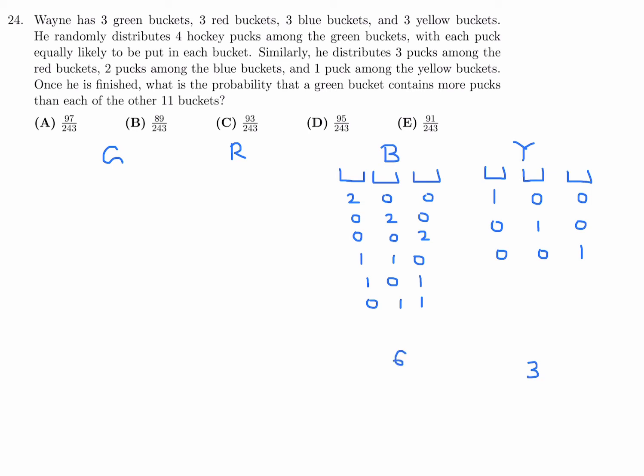But this is the part that makes the question a little bit tricky. Yes, there's 6 ways, but some of these have more than 1 permutation. For example, this one, and I'll write the number of permutations in a different color, has 2 permutations, and so does this, and so does this. For example, if I call my pucks P1 and P2, if I use a 1, 1, 0 scenario, I can have P1, P2, and 0, or I can have P2, P1, and 0.